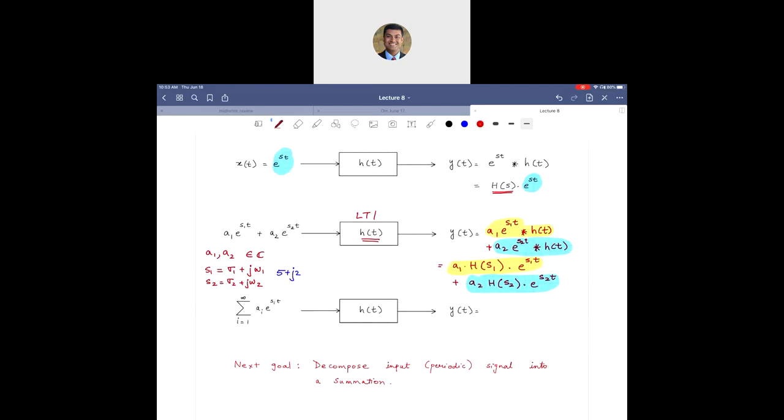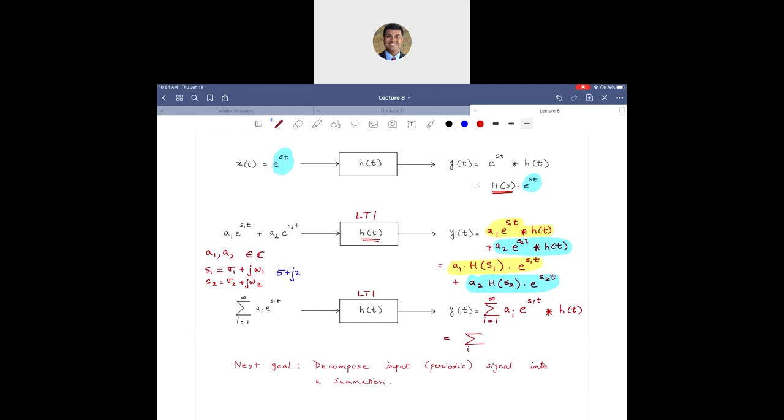Well, you can say here your output is going to be, we can express this as a convolution first. So the input is the summation from I equals 1 to infinity of a sub I e to the s sub I t, convolved with my impulse response h of t, because this is LTI, all of that. Now, because we know how our output behaves when the input is a complex exponential, you can write this as a summation.